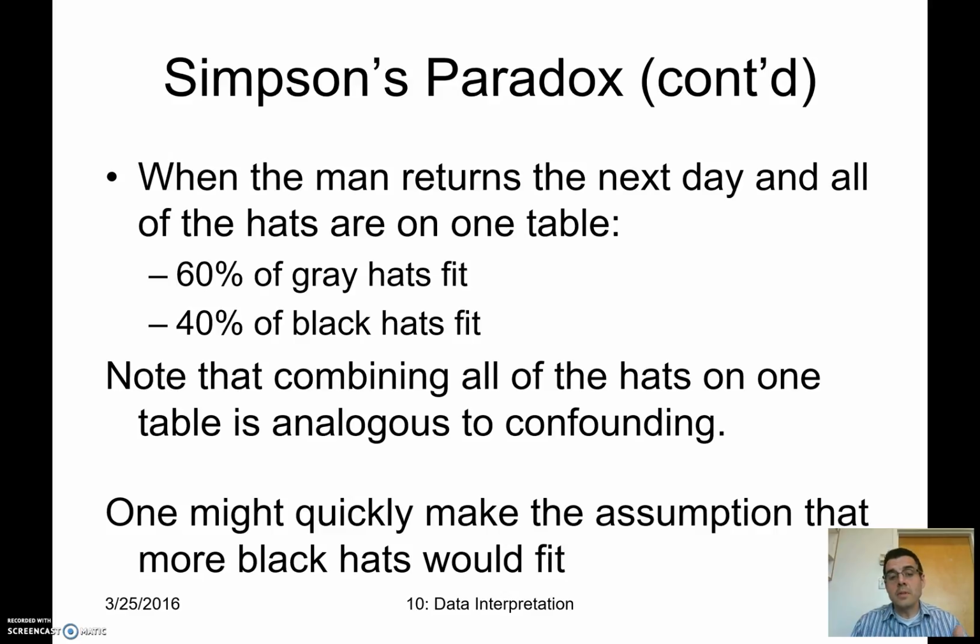So combining all the hats on one table is an analogy to confounding. One might quickly assume that since more black hats fit my head on that first day, I would go into the store and pick black hats, when in reality a greater percentage of the gray hats, when you combine all that data, actually fit.